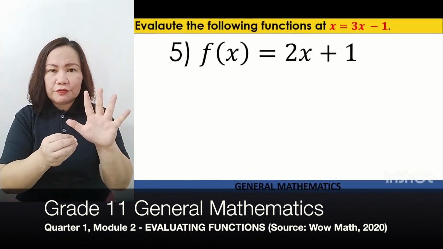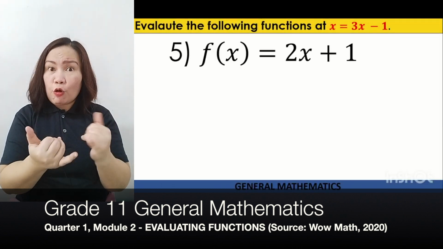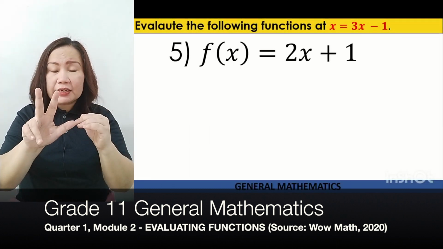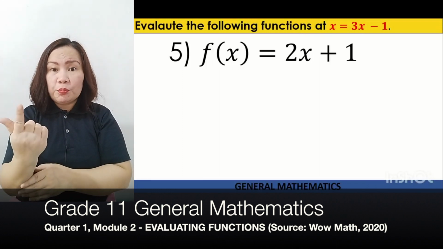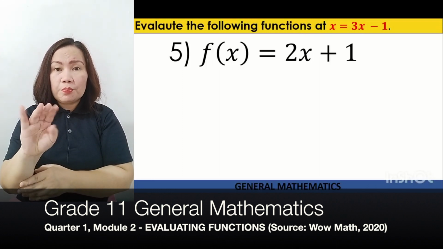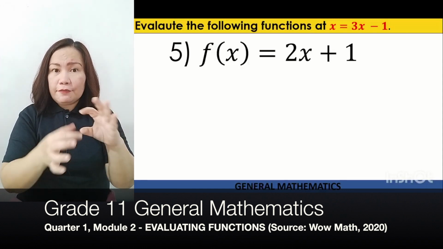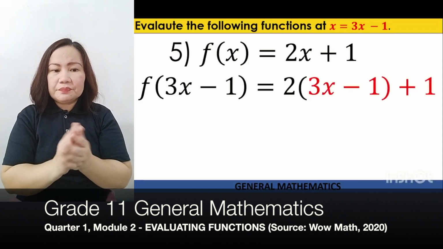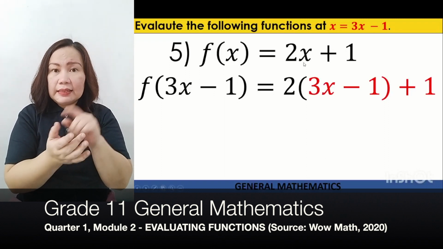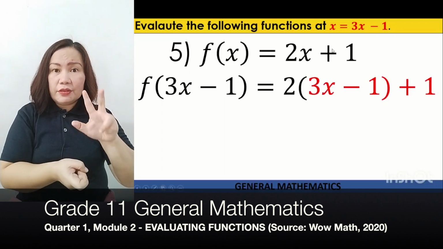Another. Your x now is 3x minus 1. Binomial. Evaluate the function f of x is equal to 2x plus 1. Again, yung x natin, papalitan natin ng 3x minus 1.